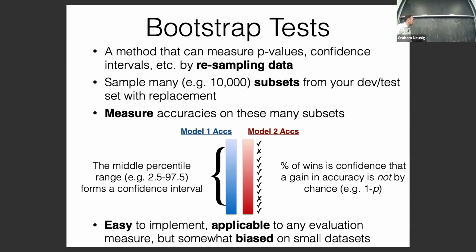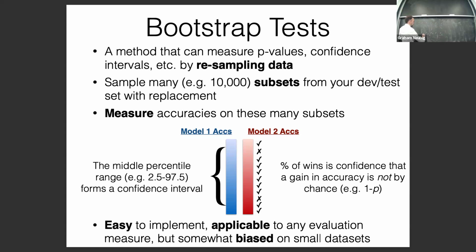And so what we do is we randomly sample a sub data set. Let's say this is X3, X2, X4, X1, X2. This is our sub data set.